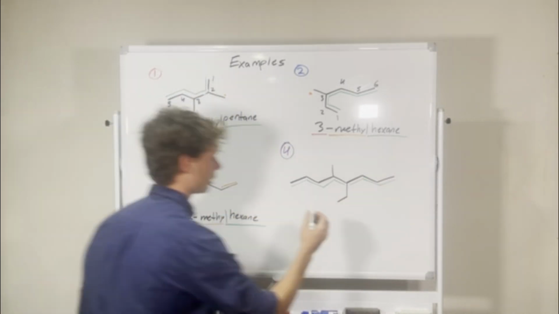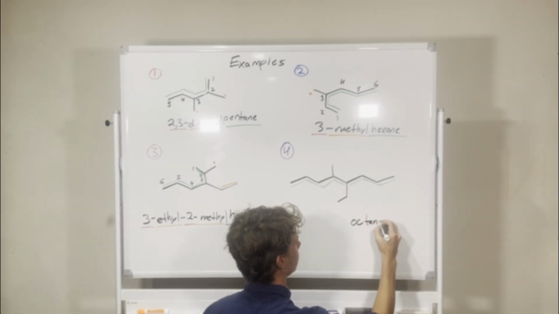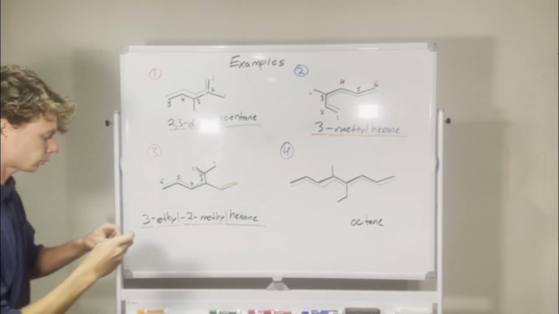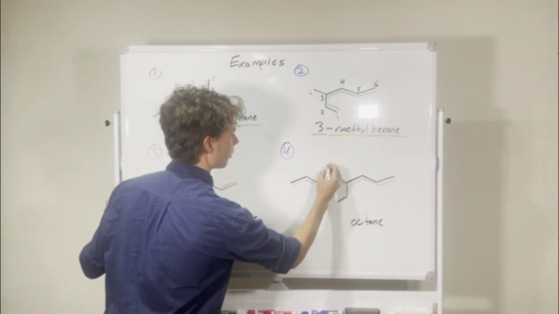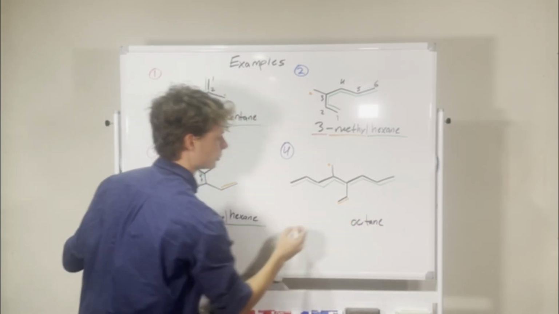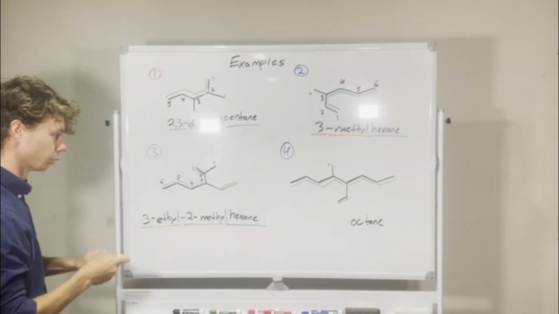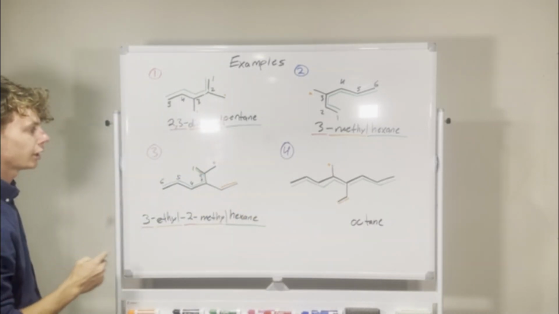We call that octane. And there's our root. Our substituents, everything not in green. 1 carbon up there, methyl group. 2 carbons right here, ethyl group.